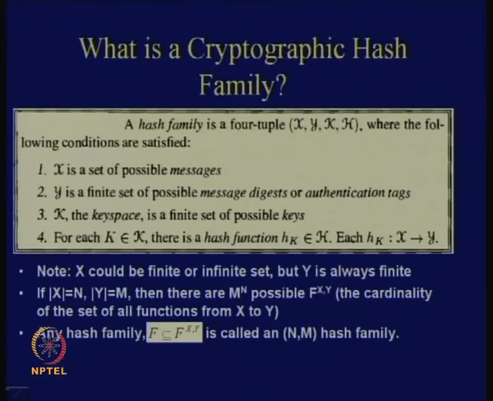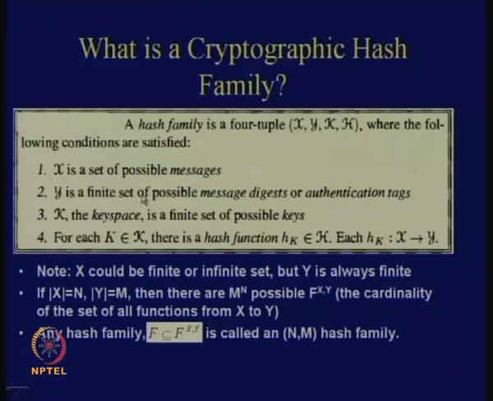So in a hash function typically you can understand that there will be a domain and there will be a corresponding range. The domain is represented by x and the corresponding range is denoted by y. There is a key because of the keyed hash function which I told you, and there is an algorithm which is the hash algorithm, okay. So that is h.